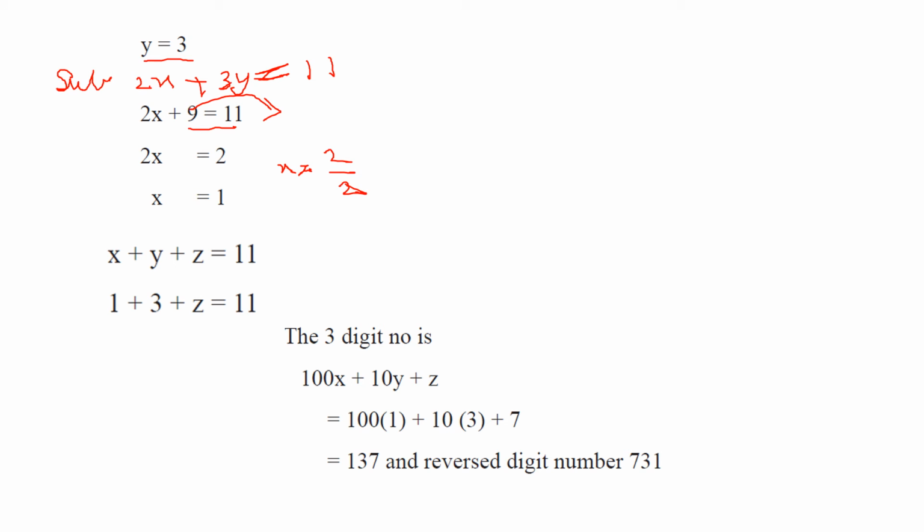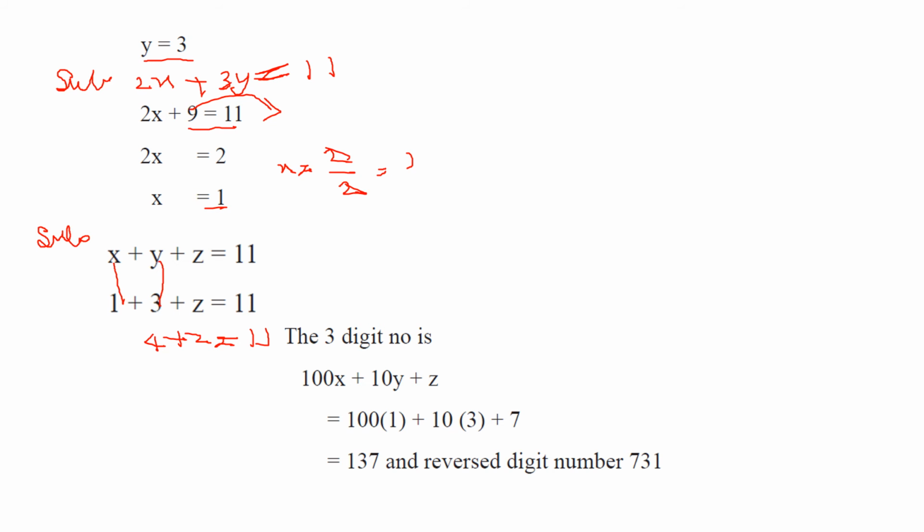that is 1. X equal to 1, substitute in this equation x plus y plus z equal to 11. Our x is 1, y is 3. So 1 plus 3 plus z equal to 11, 4 plus z equal to 11.